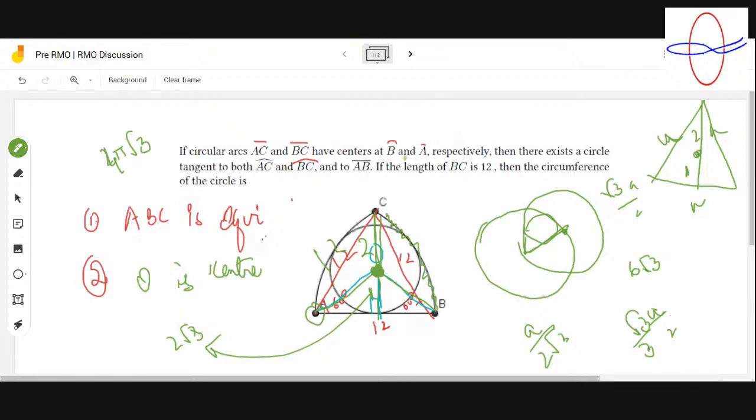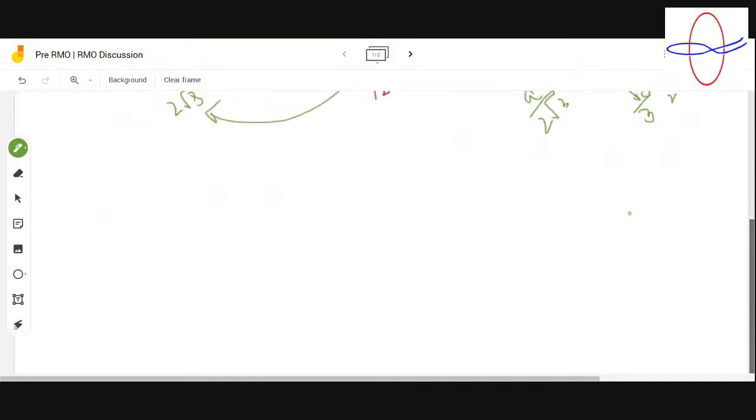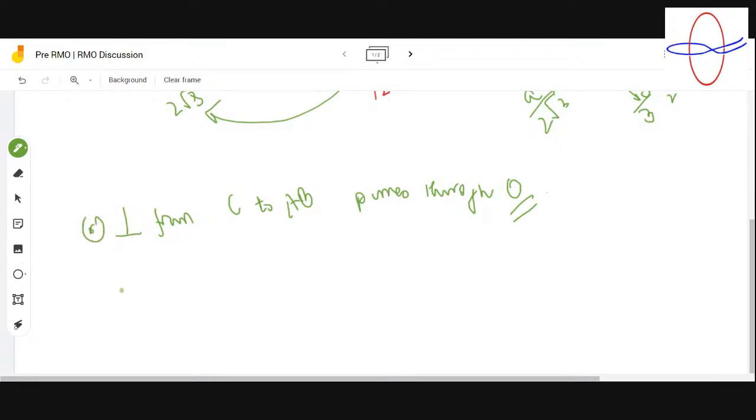Anyways, so think about this. You have to prove that. So the remaining part of the proof is that the perpendicular from C to AB passes through O. Okay, and this is the first part.